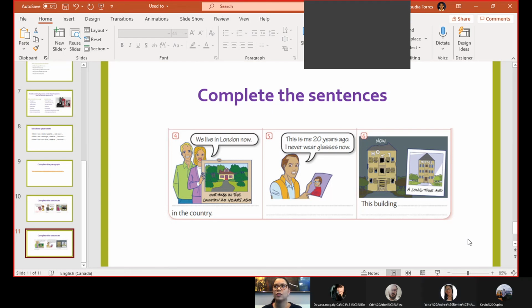Okay, so in that case, you would say the hotel used to be neat and well maintained. Yes, exactly. And now it is ugly and abandoned, lonely. You can say abandoned or neglected. Now it's neglected. Yes.